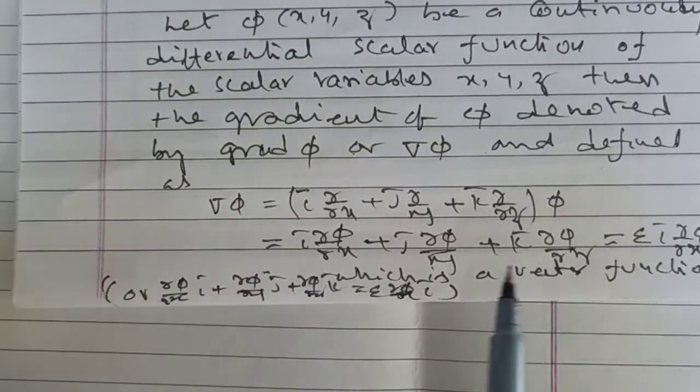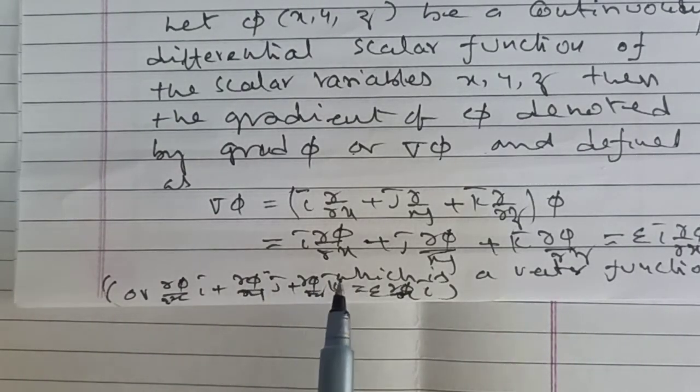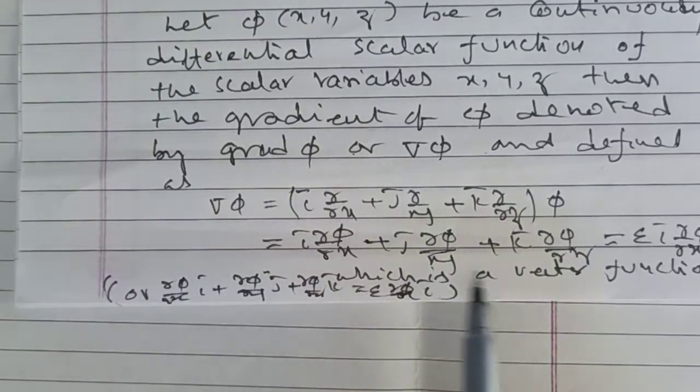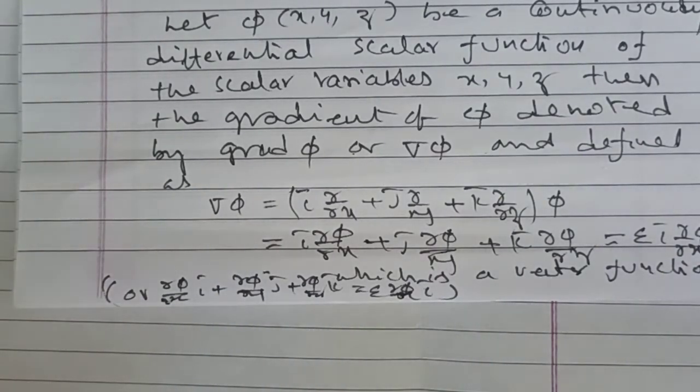It is the grad φ definition. Sometimes if we need, since ∂φ/∂x is a scalar quantity, we take it to the left side also: ∂φ/∂x I bar, similarly plus ∂φ/∂y j bar plus ∂φ/∂z k bar. Always, del φ is a vector function.